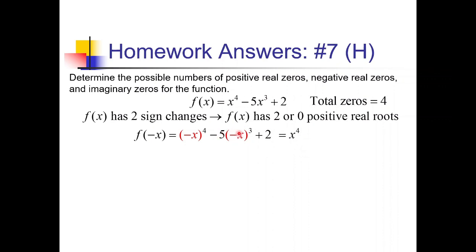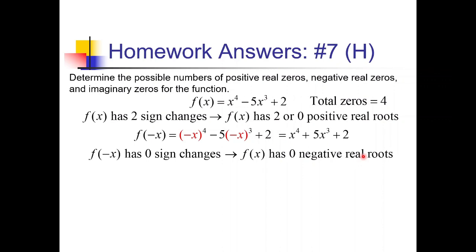That's an even number of negatives, so this becomes a positive 5x cubed. And we have that plus 2 along for the ride. In terms of sign changes, we're going from positive to positive to positive. So there are 0 sign changes. So that means we can say definitively, regardless of what's happening with our positive real zeros, this time around we have 0 negative real zeros.